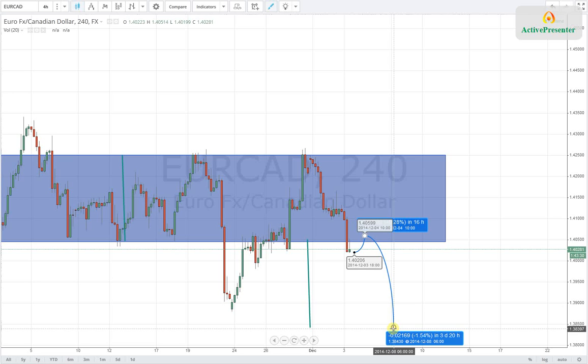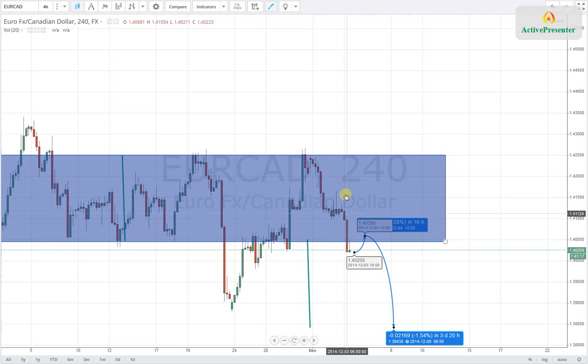In my suggestion, it would be a good idea to enter short on this pair at around 1.4060 with a stop just above this confluence area over here. So we're talking about 1.4060 to a stop around 1.4160 area.